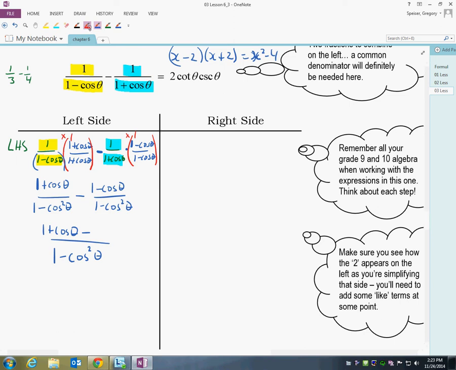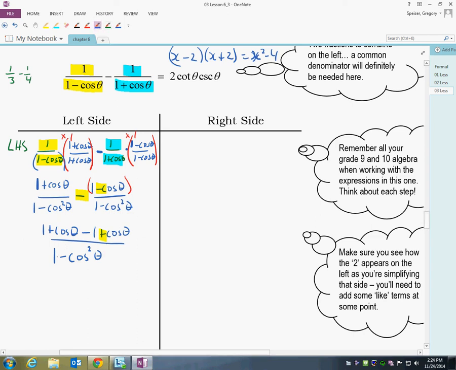So if I think of this being in brackets, then when I take it out of the brackets, that 1 will be negative, but my cos theta will be positive now, plus cos theta. So be very careful about how this subtraction turns into a positive right there.